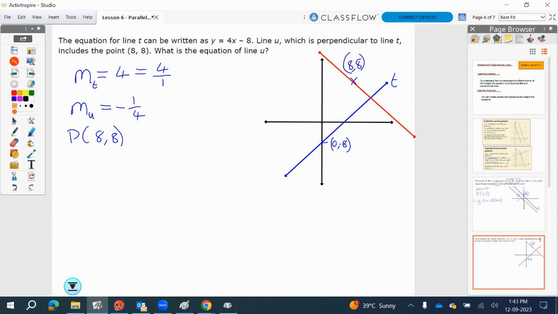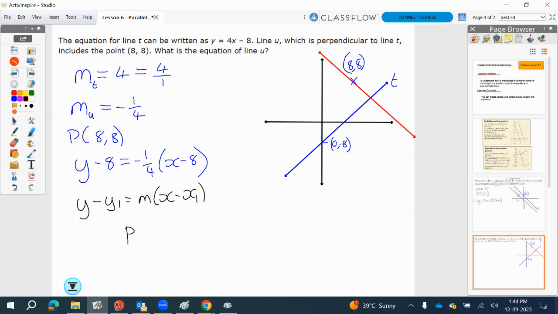Y minus 8 is going to be 1 over 4, parentheses x minus 8. Perfect. Why minus 8? This comes from the point slope form. If you refer to the formula sheet, you'll find it. It's y minus y1 is equal to m bracket x minus x1.